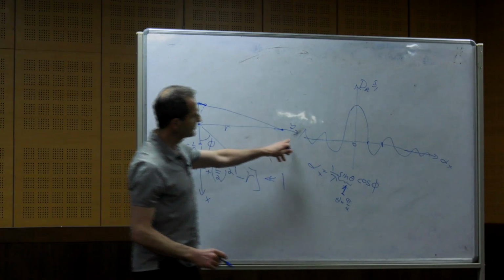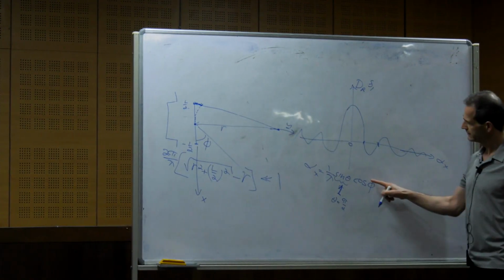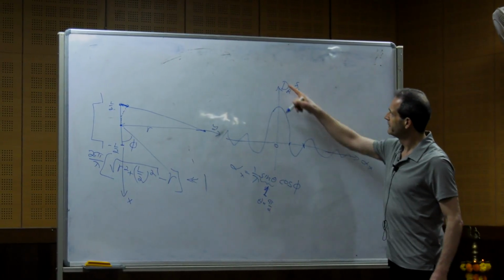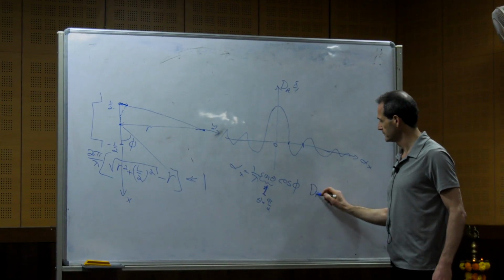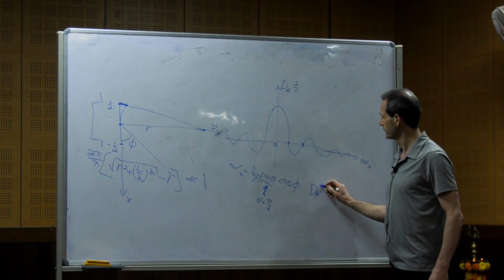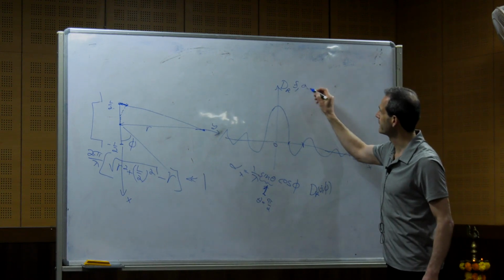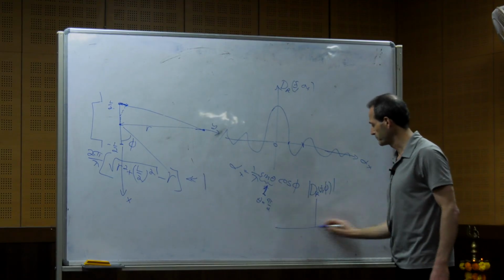Instead of something as a function of alpha x, we can see the magnitude as a function of phi.